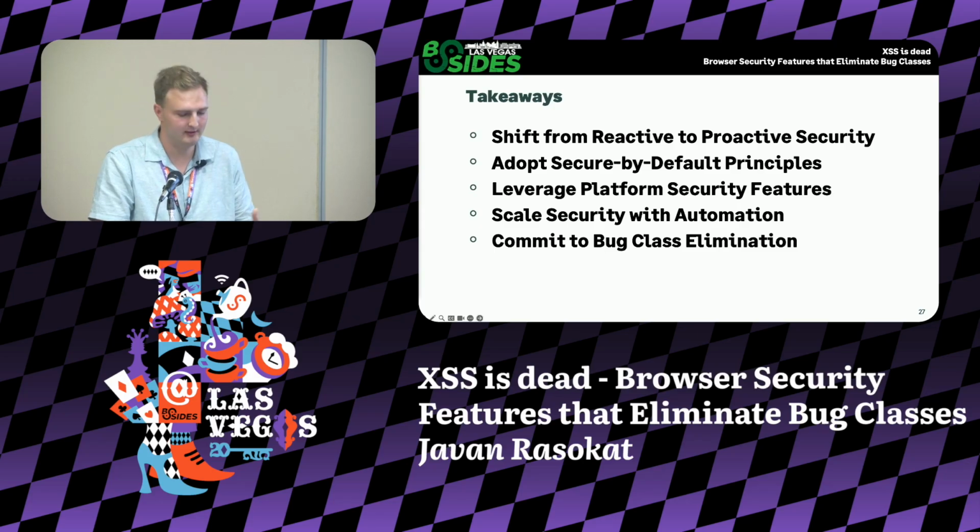So having a content security policy is very great. And adopt those secure by default principles, those headers, and recognize the power of those browser-led security features. And with automation, you can also scale. You saw the example how Google did this with the Nginx proxy. And let's start doing this. Commit to the bug class elimination.